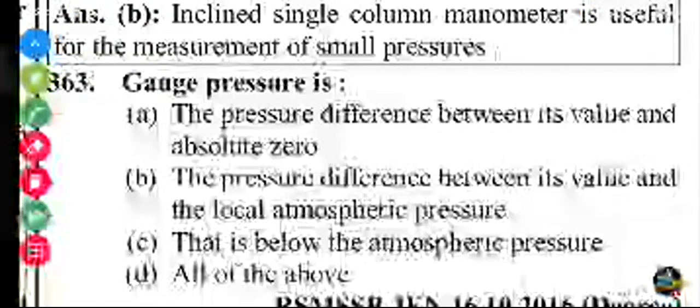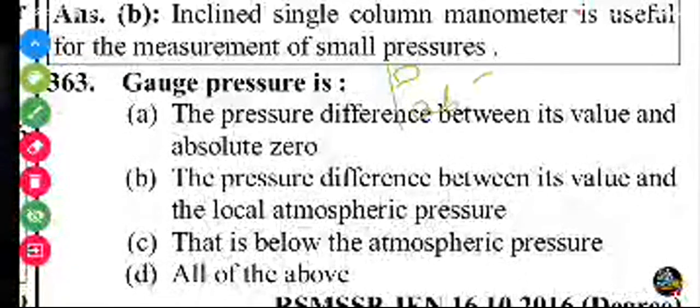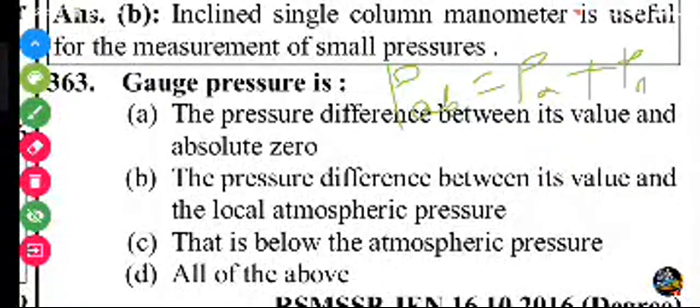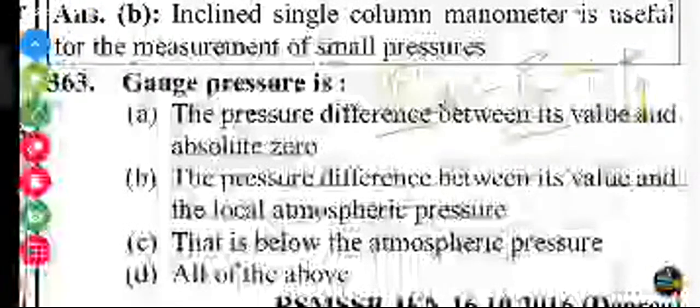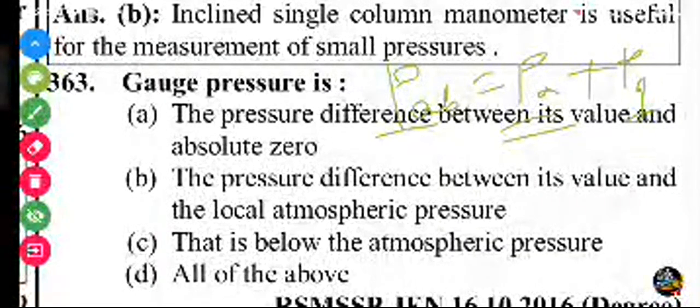All the above. We know the absolute pressure P absolute equals P atmospheric plus P gauge. So P gauge equals P absolute minus P atmospheric. No difference.